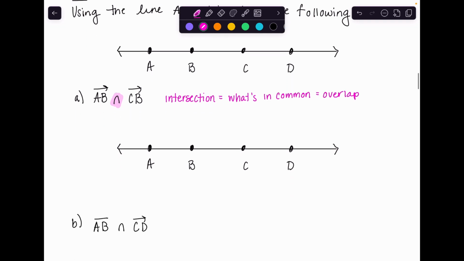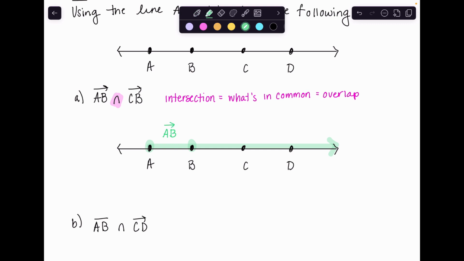So all I'm going to do is I'm going to draw each of these shapes in a different color, and then I'm going to see what is the overlap. So where does the shading overlap? So starting first with ray AB. This means I'm starting at A and I'm heading in B's direction forever. So this is ray AB.